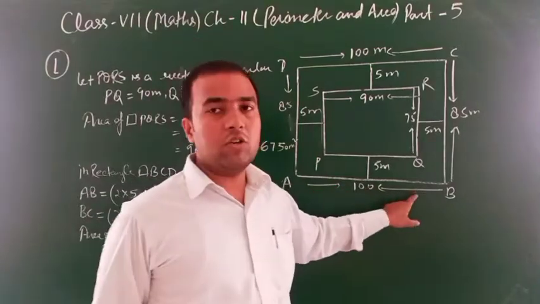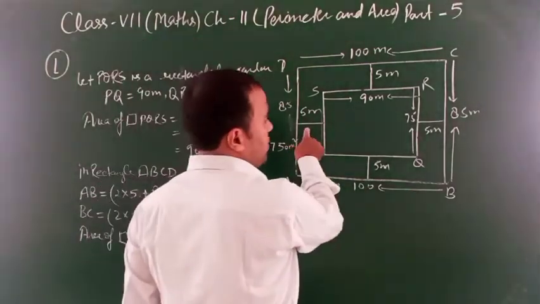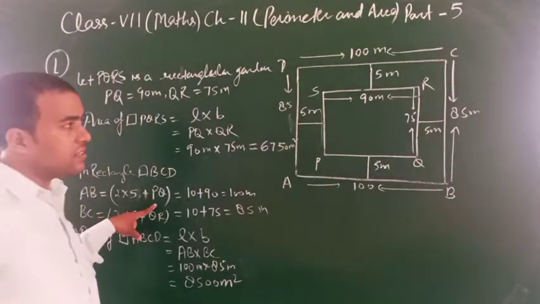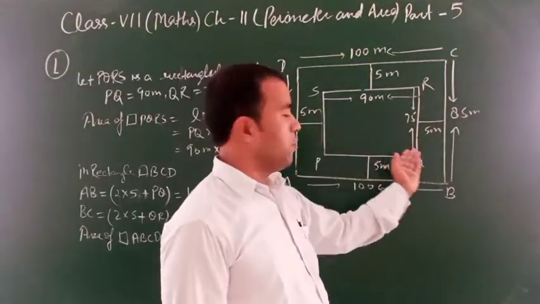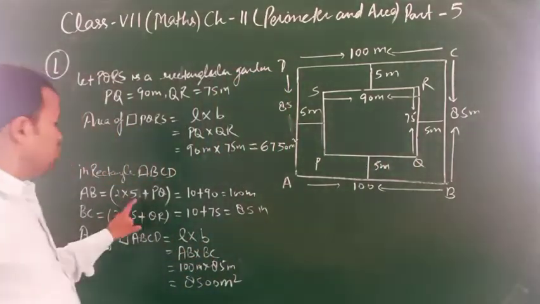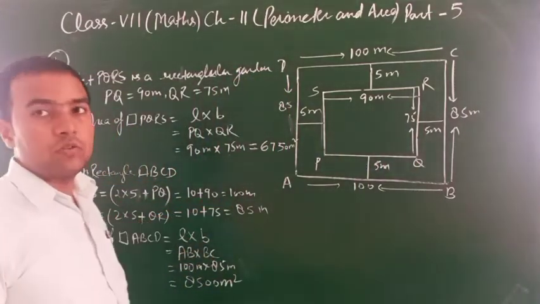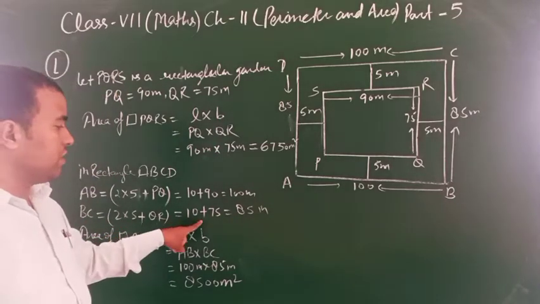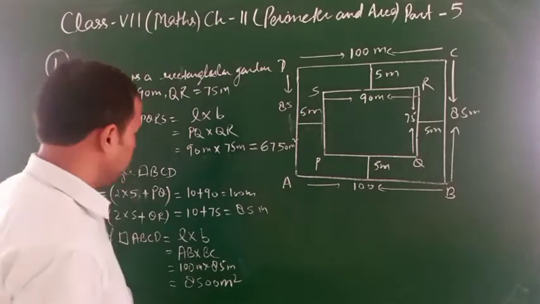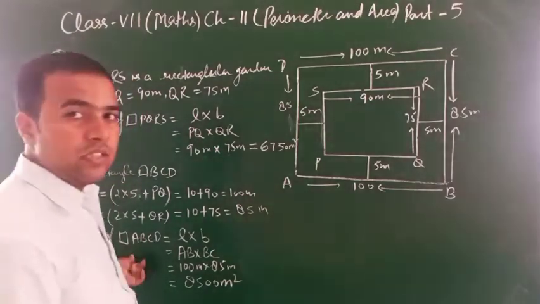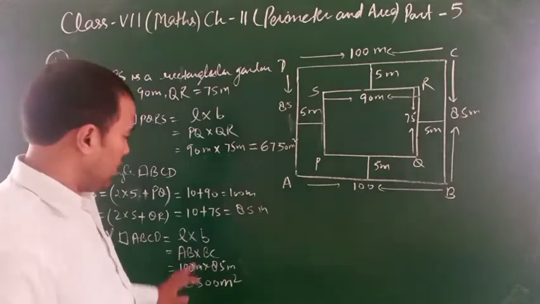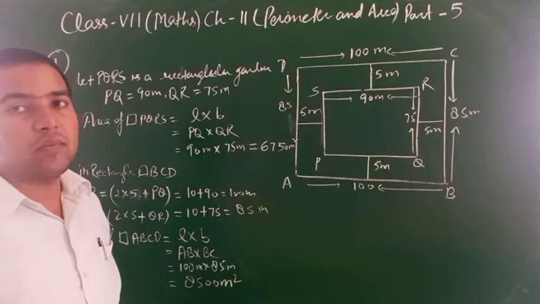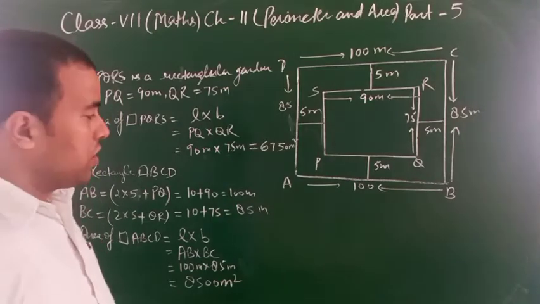So AB equal to 2 into 5, 5 meter here, 5 meter here. That's why we have written 2 into 5 plus this length PQ. 2 into 5, 10 plus 90 equal to 100 meter. BC, 2 into 5 plus QR, 10 plus 75, 85 meter. The area of rectangle ABCD means L into B, AB into BC, 100 into 85 equal to 8500 meters. Clear?